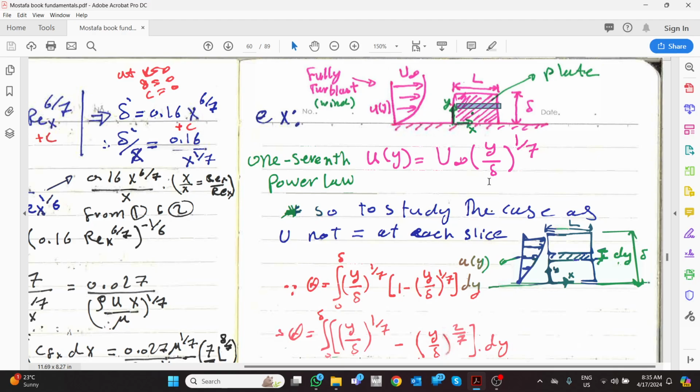So u here is a number which is going to change while it is moving in this direction due to the boundary condition, and the boundary layer is going to increase the boundary layer thickness. So we have a lot of variables happening.